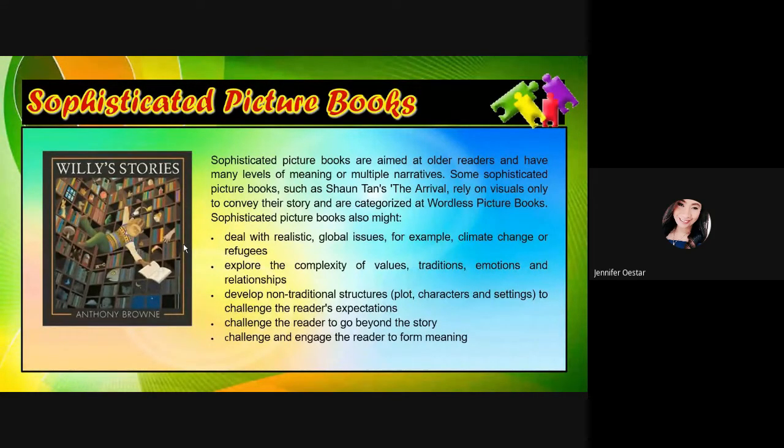So in this case, class, even though there were wordless picture books suited for adults or for older readers, the topic or the theme is more serious than those for kids, for beginning kids. Just like this one, salient issues about life, about nature, and about happenings. So that is what we call sophisticated picture books.